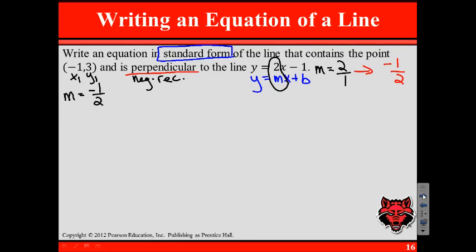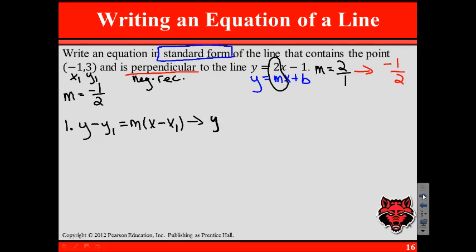Make sure that you make the proper adjustment to the original slope before moving forward and trying to solve the problem. Now that we have a slope and a point, we can work out the equation by using the point-slope form. Y minus y1 equals m times x minus x1. We fill in the appropriate information.